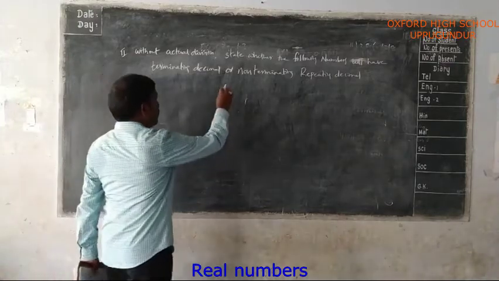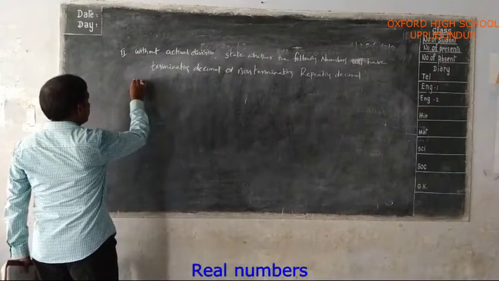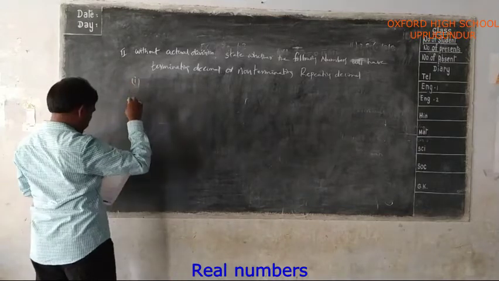So without actual division, you have to state whether the given rational numbers are terminating decimals or non-terminating repeating decimals.